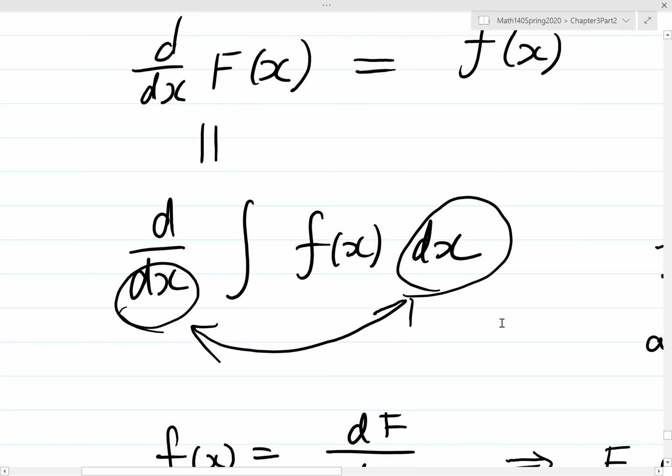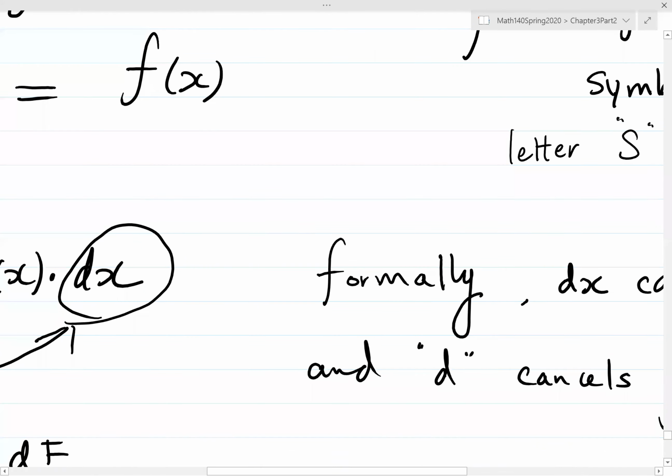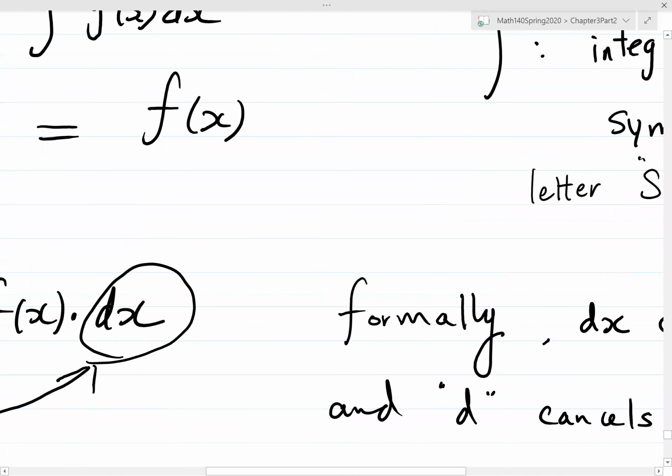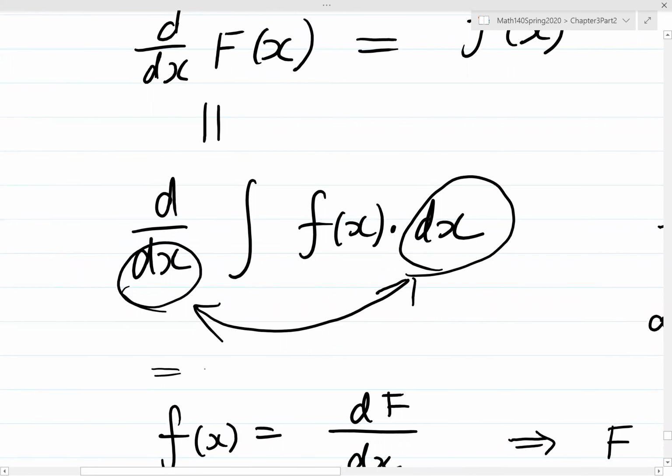Here the relation of f(x) and the differential dx is multiplication. If you formally cancel dx with dx, then what you get is d of this thing, f(x). Then d cancels this integral.